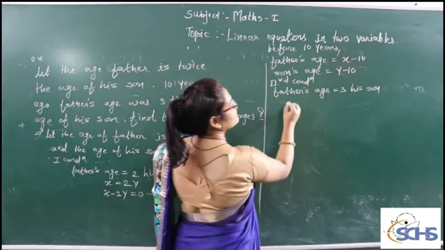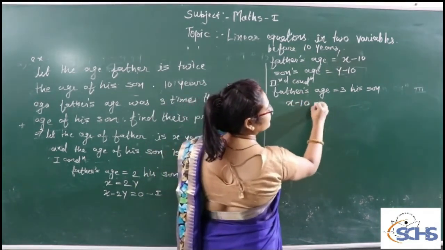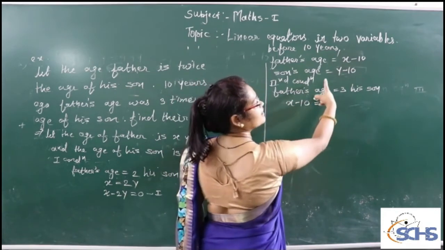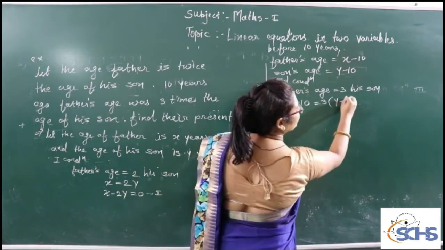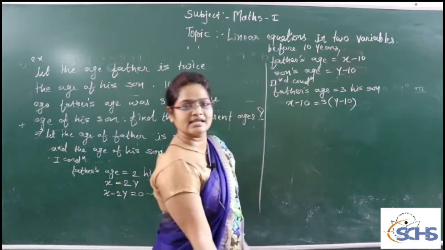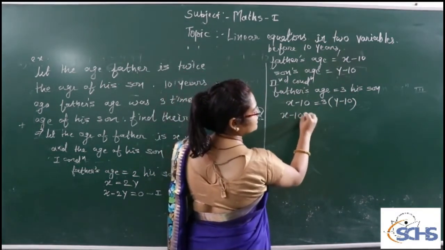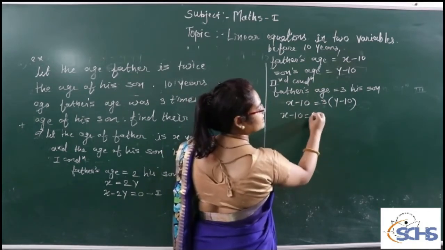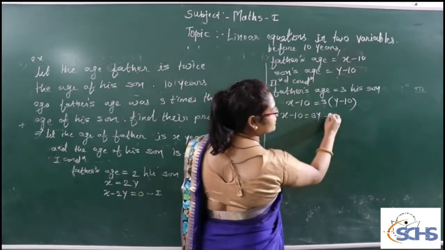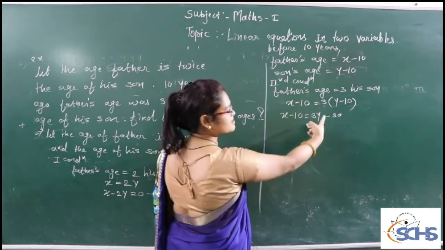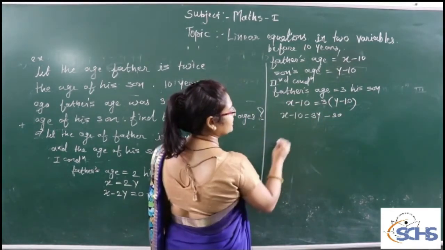Father's age was x minus 10. It is equals to 3 times of his son. Before 10 years son's age was y minus 10. Let's solve this and convert it into the linear equation. So x minus 10 equals to 3 into y, that will be 3y, minus 3 into 10, that will be 30. Let's shift these 2 terms to the left side.